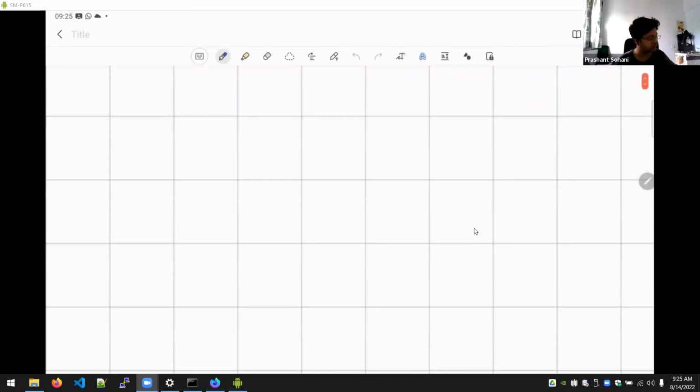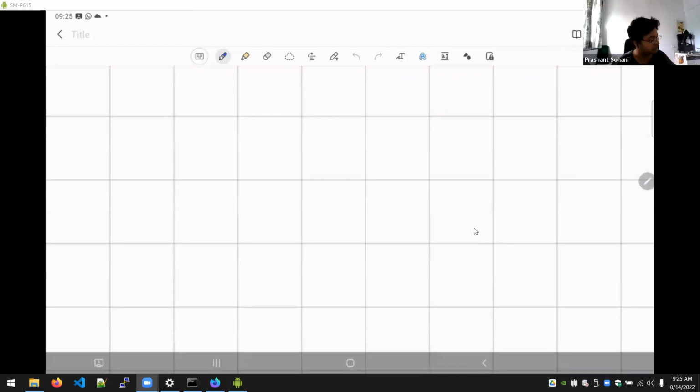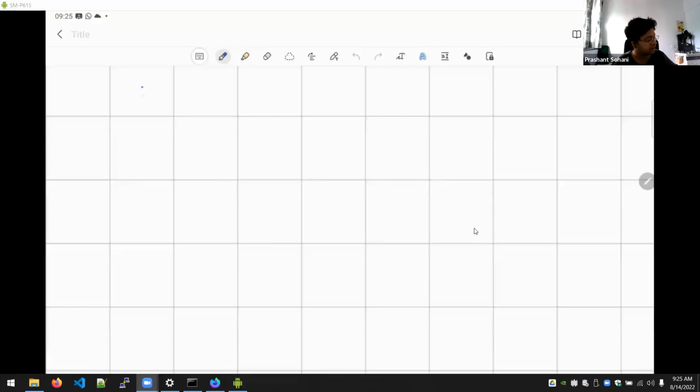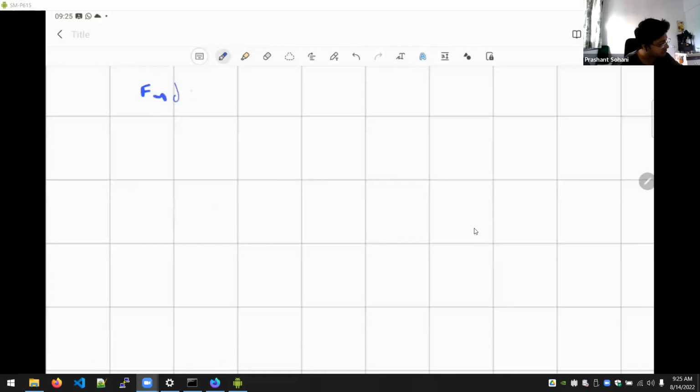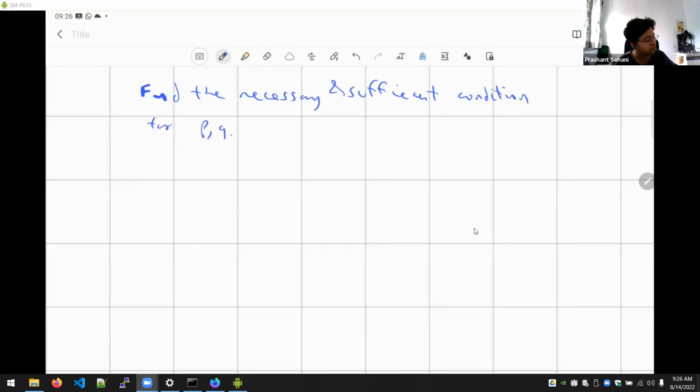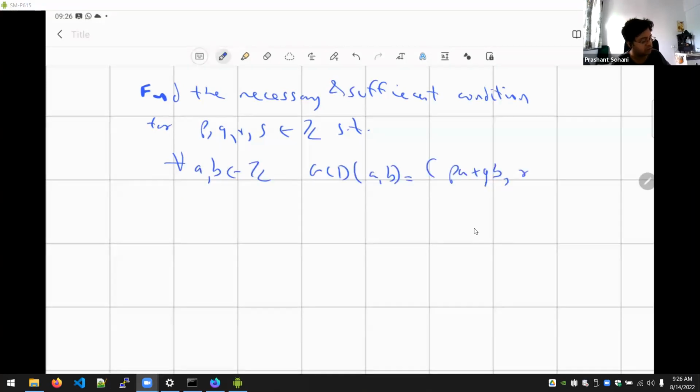Okay, so just to repeat the question I mentioned just now: find the necessary and sufficient condition for integers P, Q, R, S such that, and this is the important part, for all integers A and B, GCD of A and B should be equal to GCD of PA plus QB, RA plus SB.